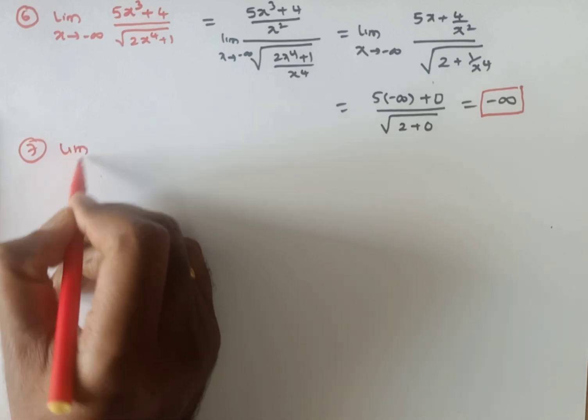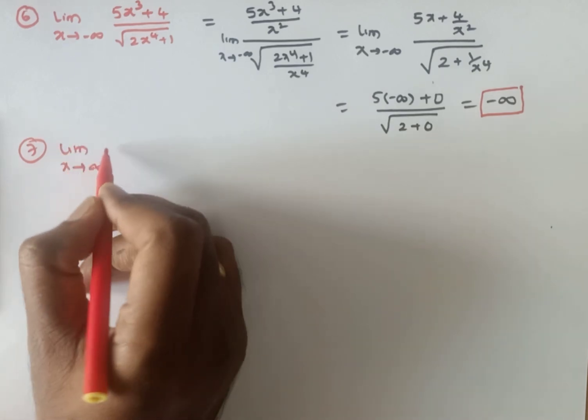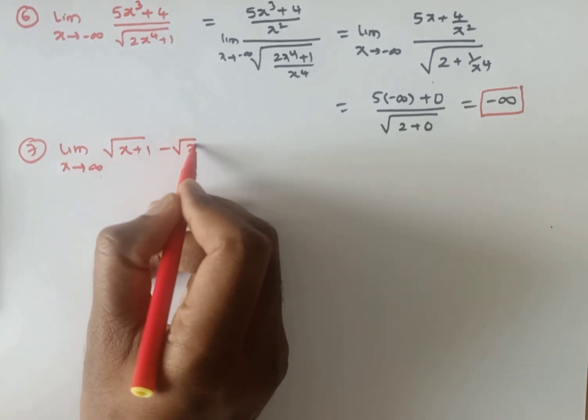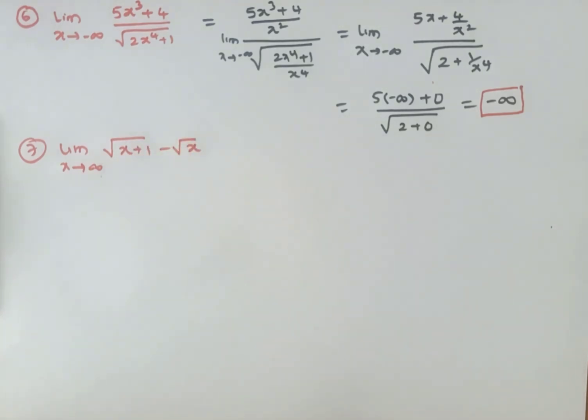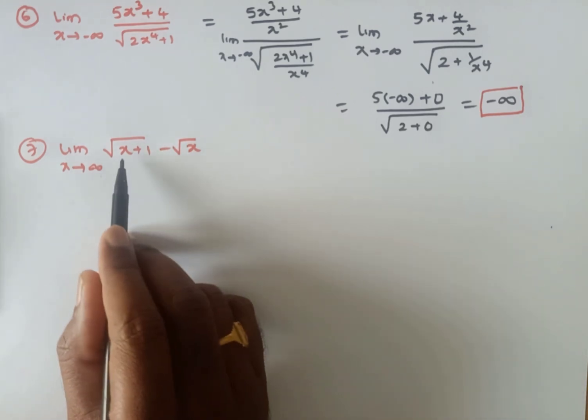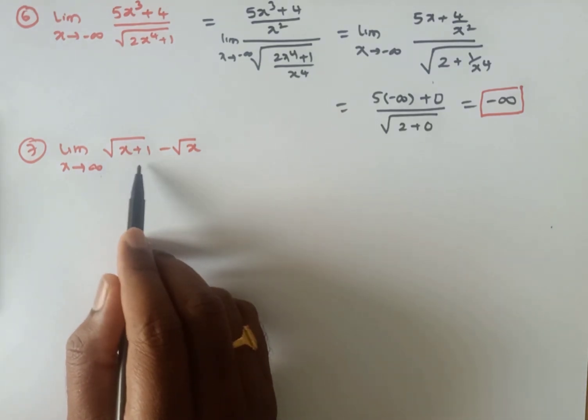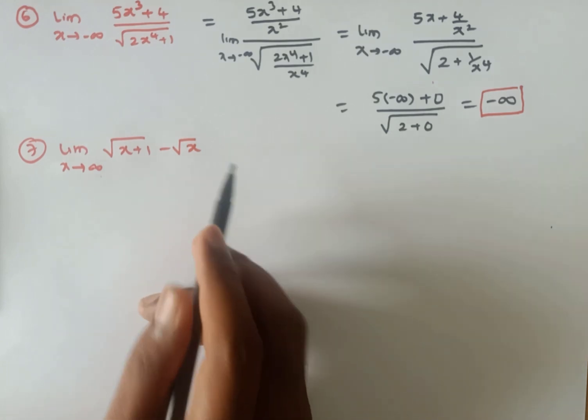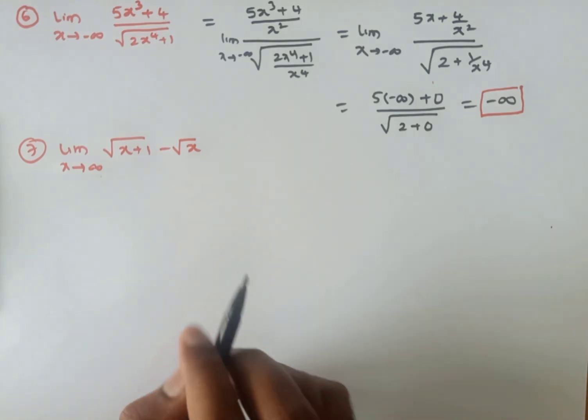Seventh one: the limit x tends to infinity of square root of (x plus 1) minus root x. If you apply the limit directly, as x goes to infinity, root of infinity plus 1 is infinity, and minus root of infinity, so it means infinity minus infinity.